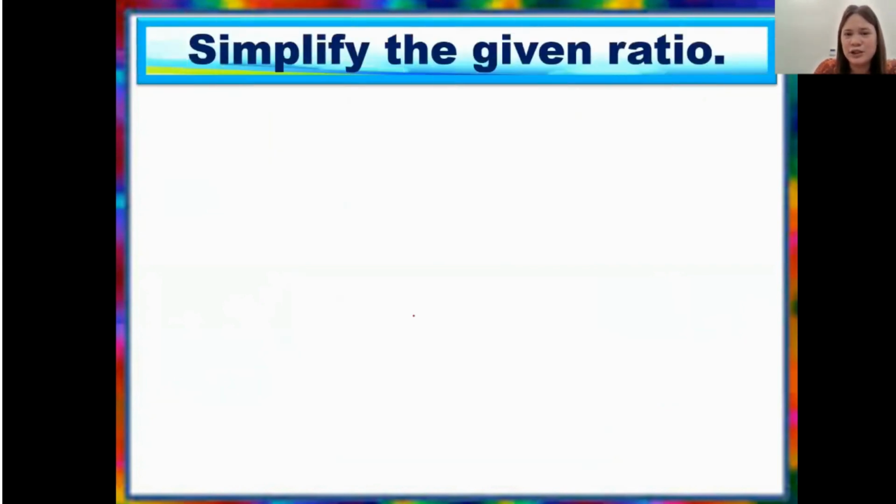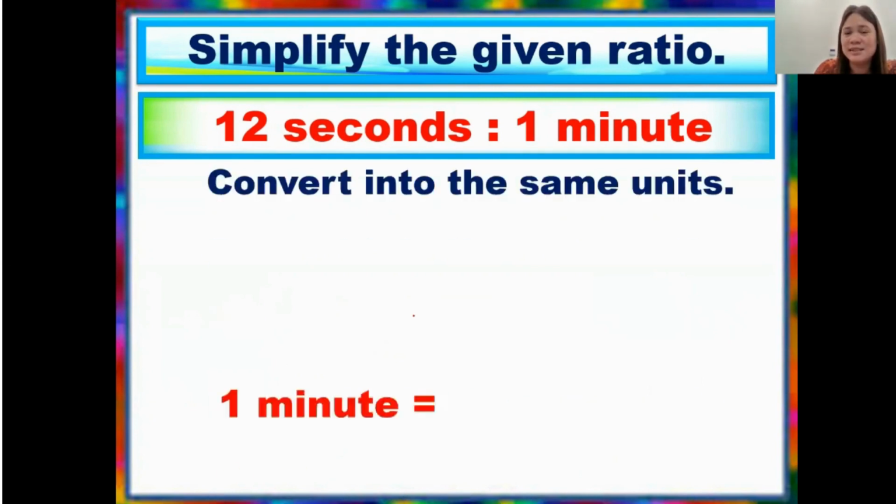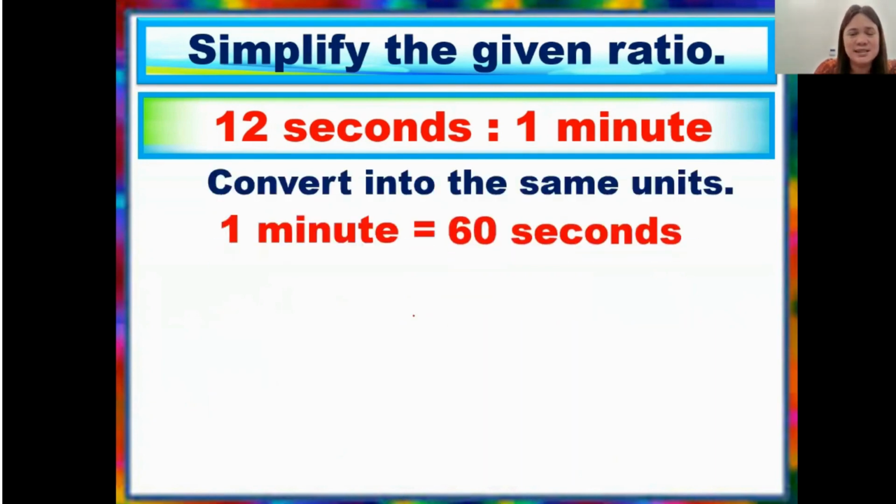Let's try. If you are still confused, let's have another one. So I have here 12 seconds to 1 minute. 1 minute is how many seconds? Very simple. 1 minute is equal to 60 seconds. So I'm going to replace 1 minute here by 60 seconds.